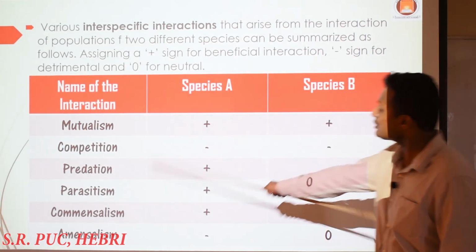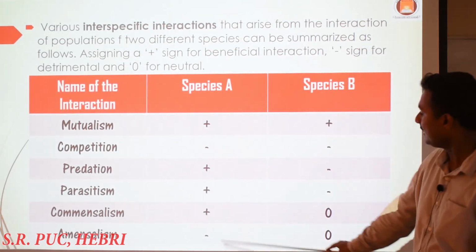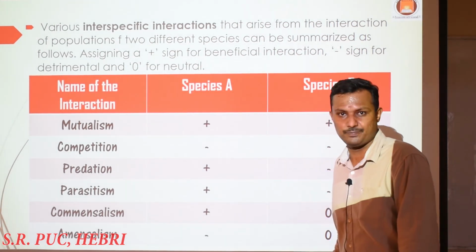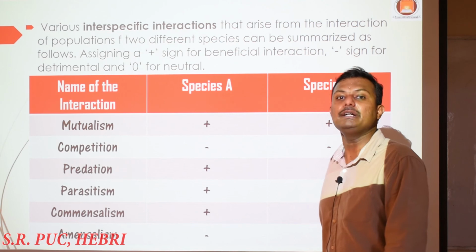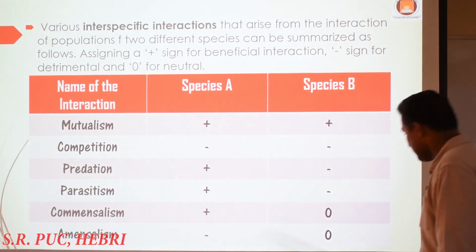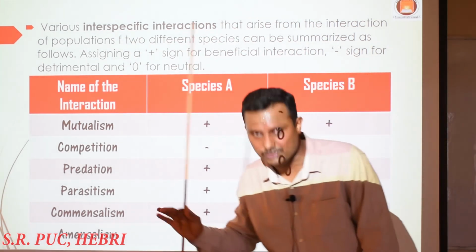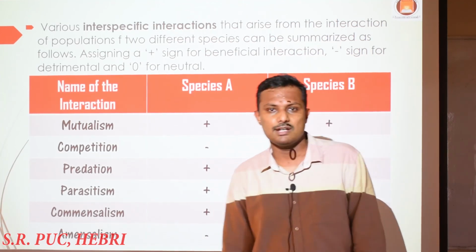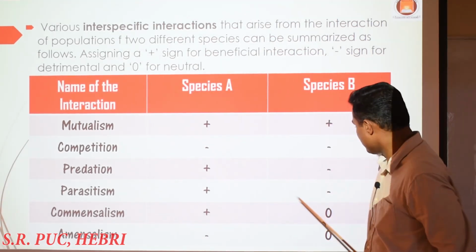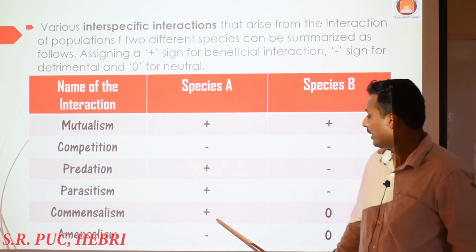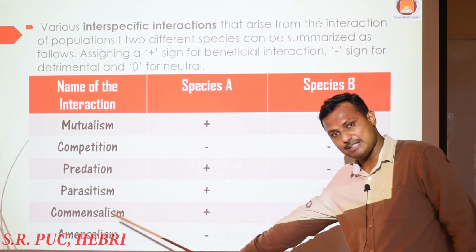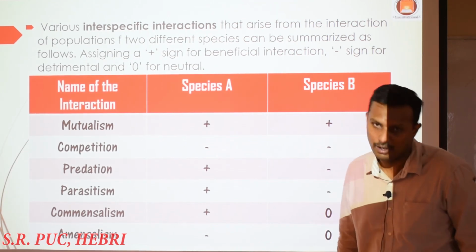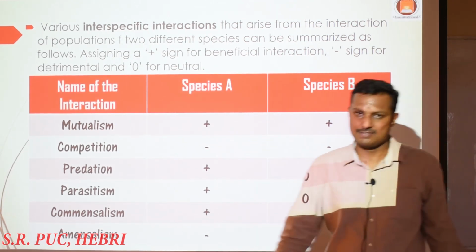In the case of amensalism, one species gets a negative impact, a detrimental effect, whereas the other remains neutral. So one common thing between commensalism and amensalism is that one of the two species remains neutral, whereas the other may be benefited, as in commensalism, or harmed, as in amensalism, right?